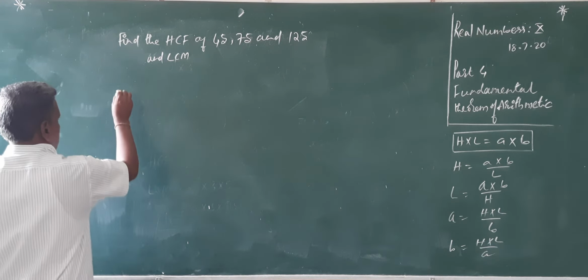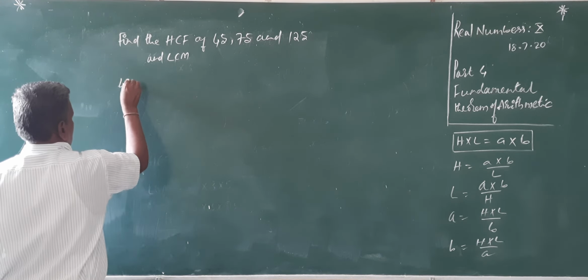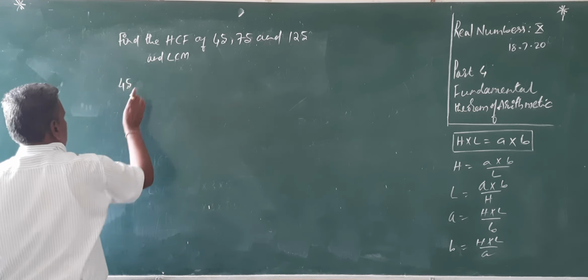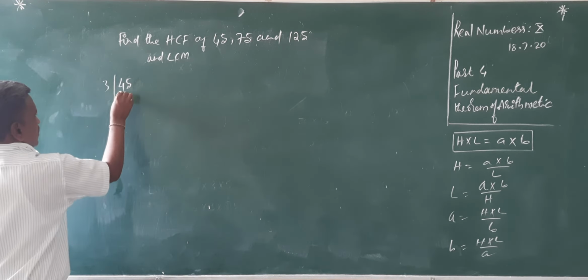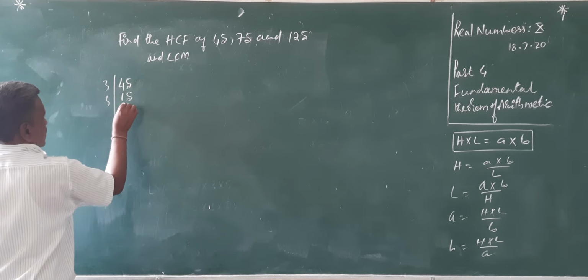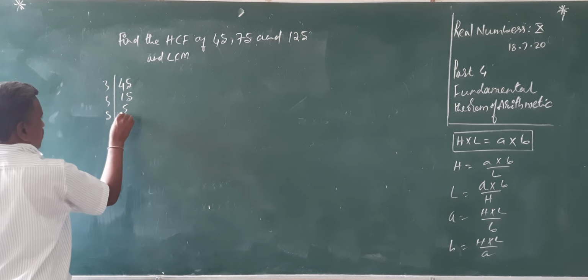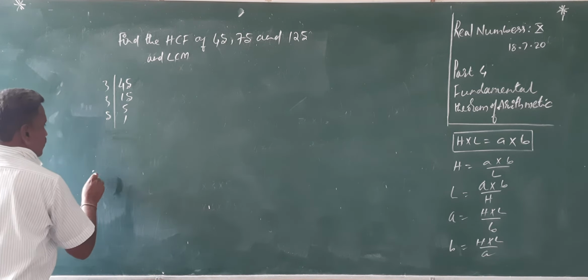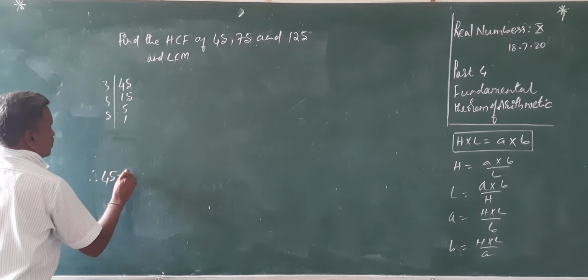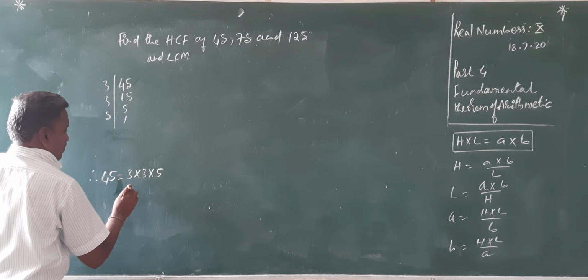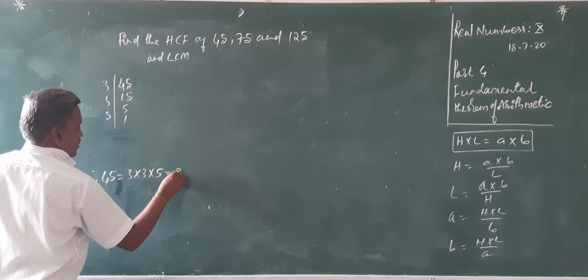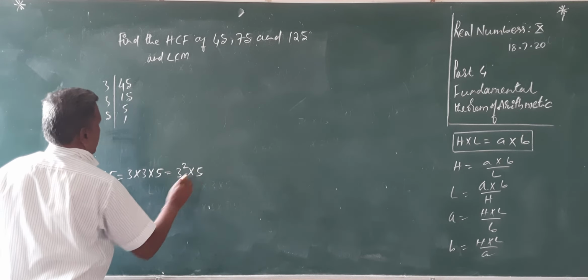First one, 45. 3 into 15, 3 into 5, 5 into 1. Therefore 45 equals 3 into 3 into 5, that is 3 square into 5.